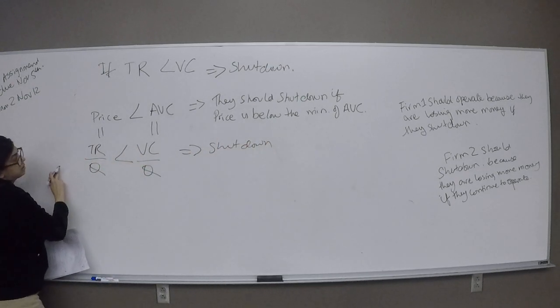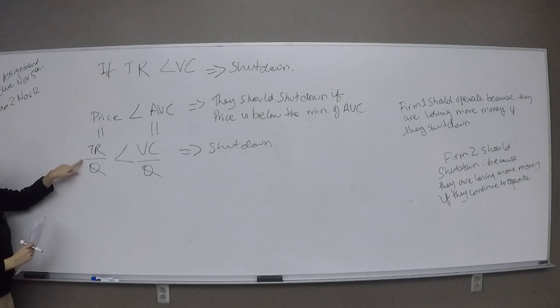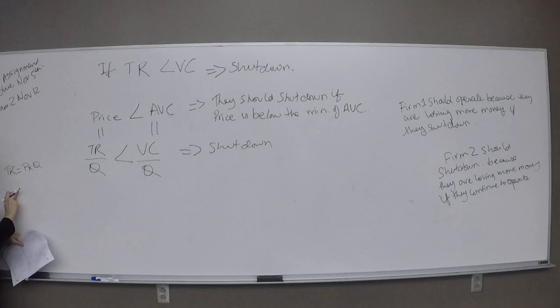So these two things are basically exactly the same thing. Total revenue is equal to price times quantity, right? So if we were to solve for price, price is equal to total revenue divided by Q, right?